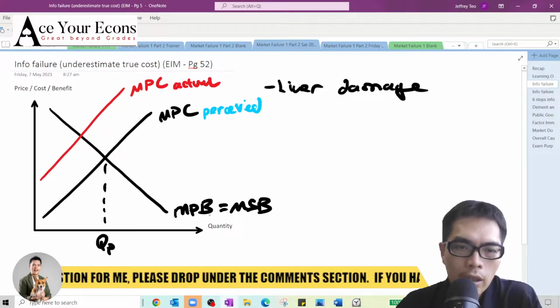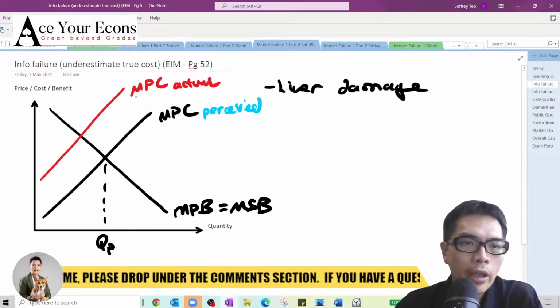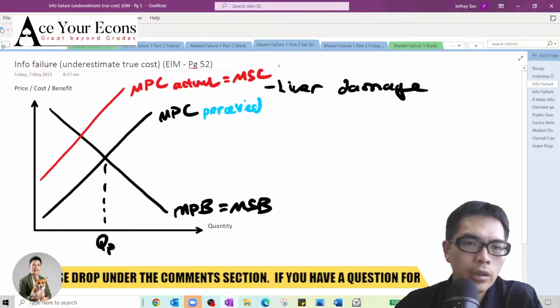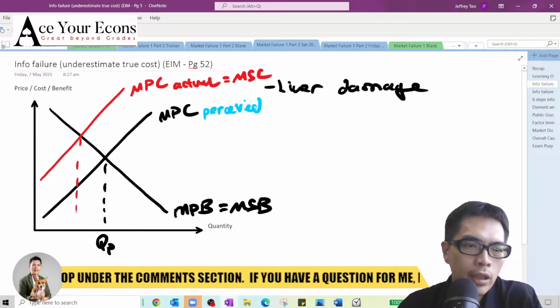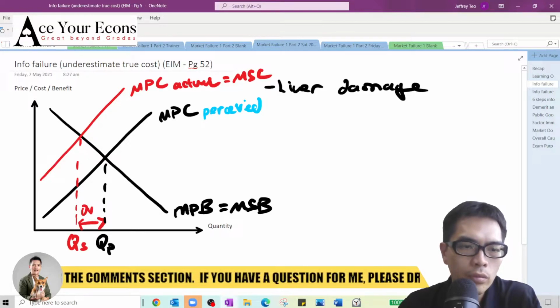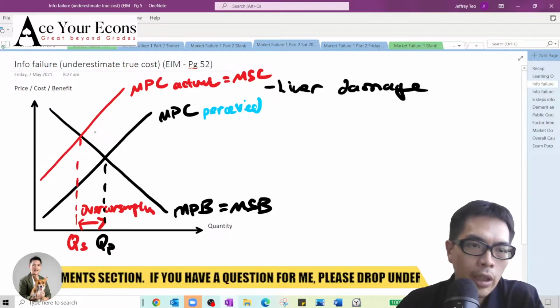Assuming there is no change in your benefit, your actual cost will be your marginal social cost, and we see the same overconsumption and the same deadweight loss.